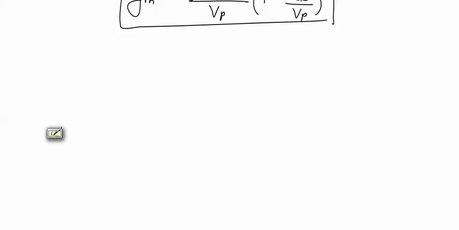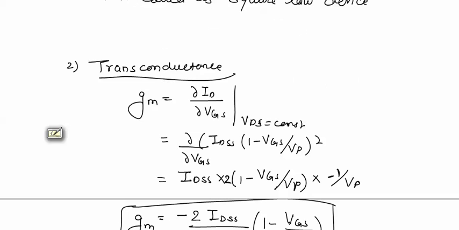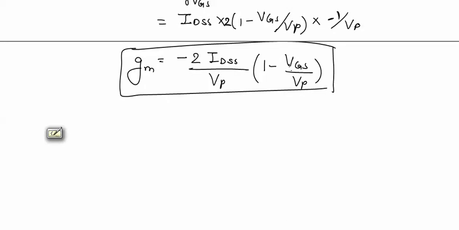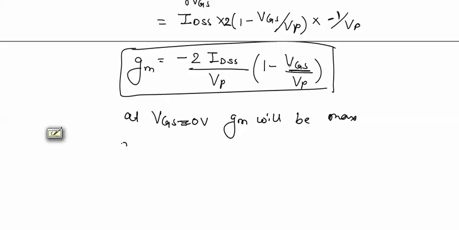Now, in this equation, if VGS is made 0, then the transconductance will be maximum. That is, at VGS equal to 0 volt, GM will be maximum, and maximum GM, GMO, will be equal to minus 2 IDSS upon VP.